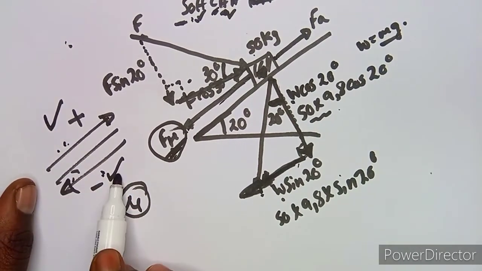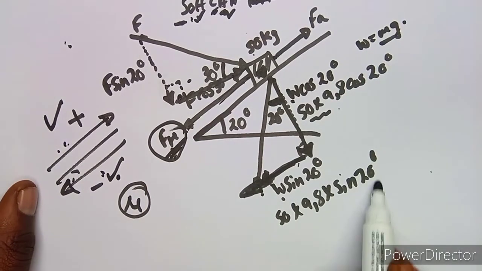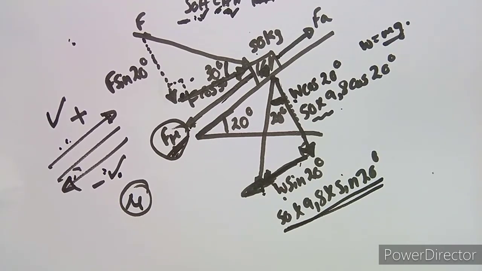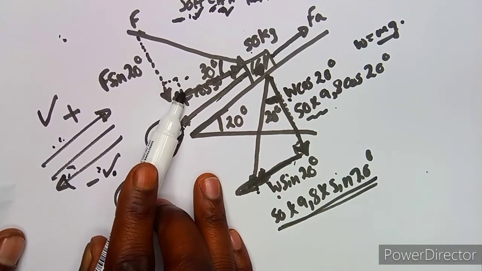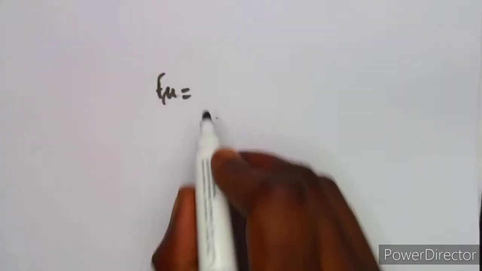So we're going to subtract: F cos 30 degrees minus the other one, which is parallel, because this frictional force that we have is in a parallel manner. That is why it is affected by these components which are in a parallel manner. But here, this parallel part is having cos, so take note. So it's going to be the difference there.